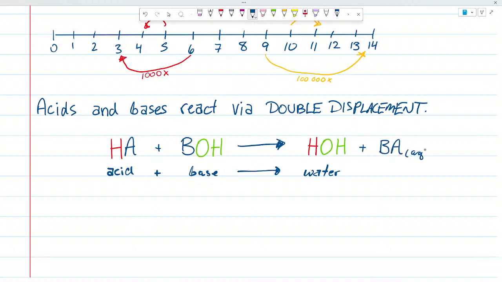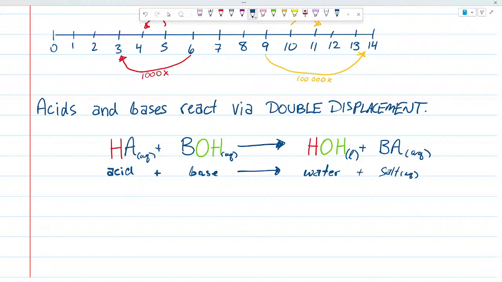And then, of course, the second reactant would just be what? Ba, and that will likely still be aqueous. But water itself is a liquid, right? So if we take these aqueous compounds and we react them with one another, we're going to get that. So we call this a salt, an aqueous salt. Doesn't mean it has to be salt as you're used to thinking of it, sodium chloride.